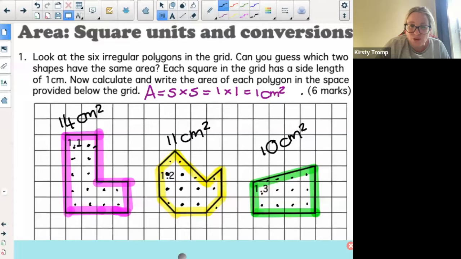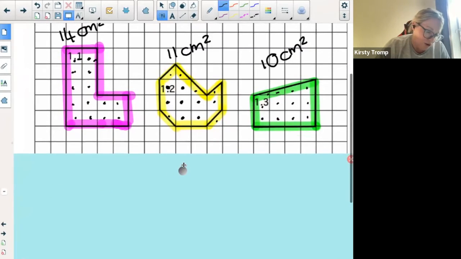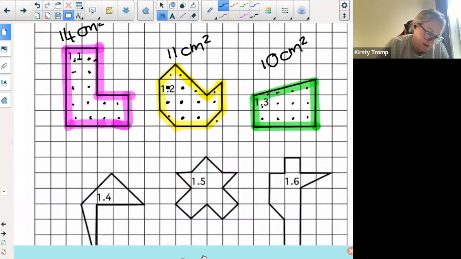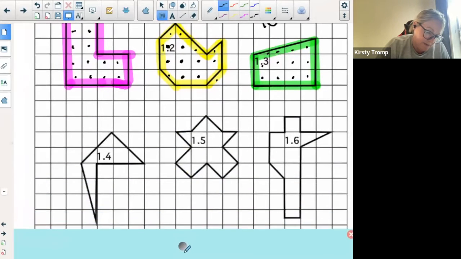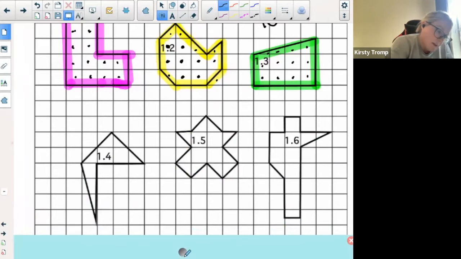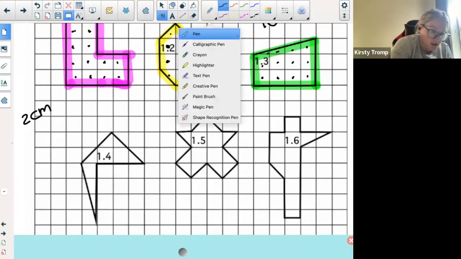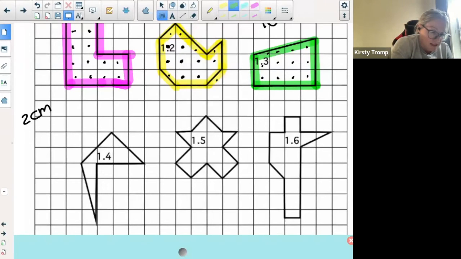I am going to ask you all to lower your hands. Okay, and we're going to have a look at the next 3. We're going to do the exact same thing, but now I want to make it a little bit more challenging for you. The length of each side of the square is now 2 centimeters.